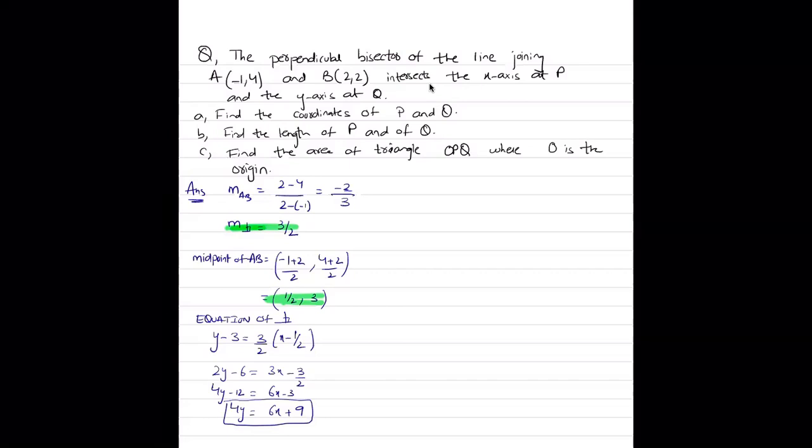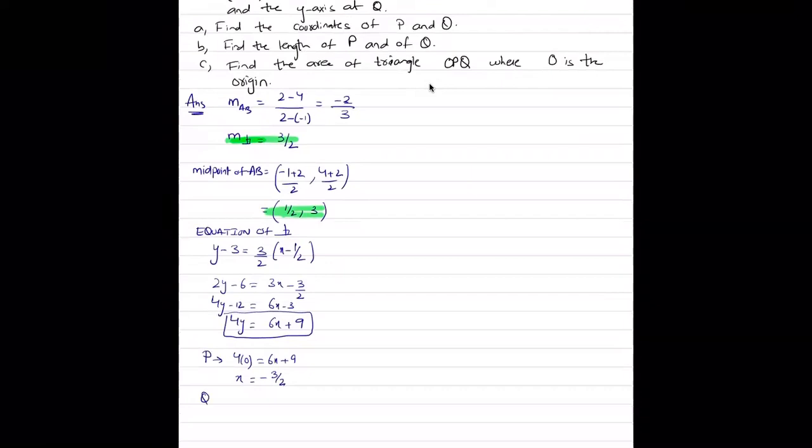Same. Okay. Now we need to find the coordinates of P and Q, where P is on the x-axis and Q is on the y-axis. If P lies on the x-axis, would you agree that the y-coordinate of that point is going to be 0? So for P, the y-coordinate is going to be 0 and the x-coordinate is going to be minus 9 upon 6, which is minus 3 over 2.